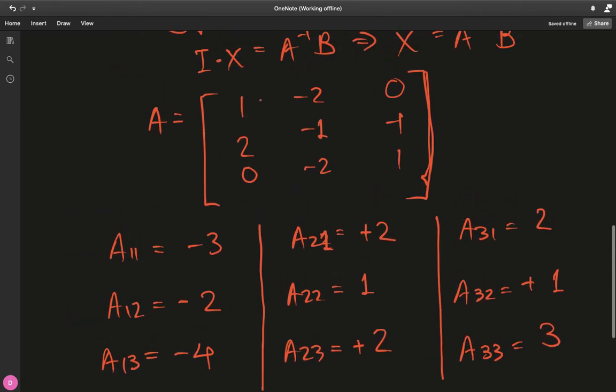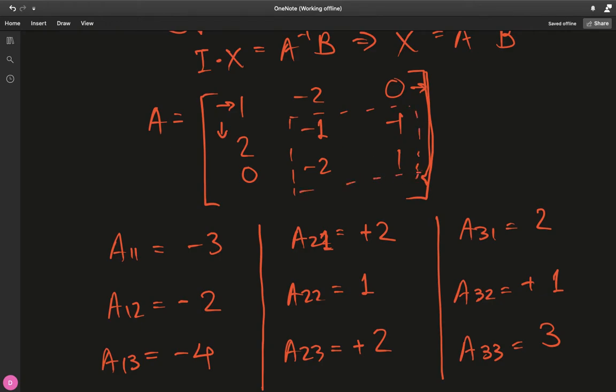And in case you're wondering how to calculate this, A11 is this entry, right? So you cover up that row and you cover up this column, the row and column of that entry, and you look at what remains. So this square remains here.